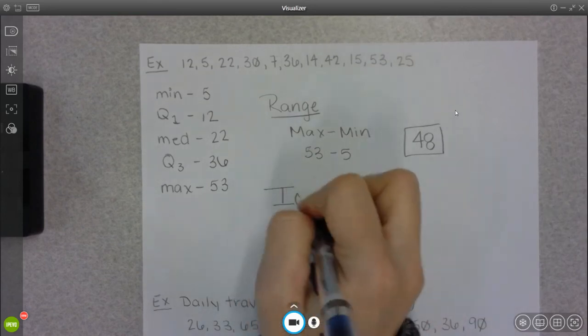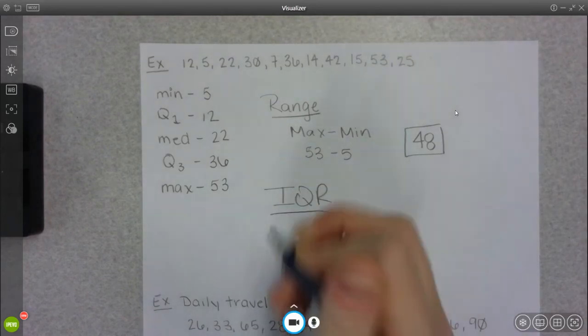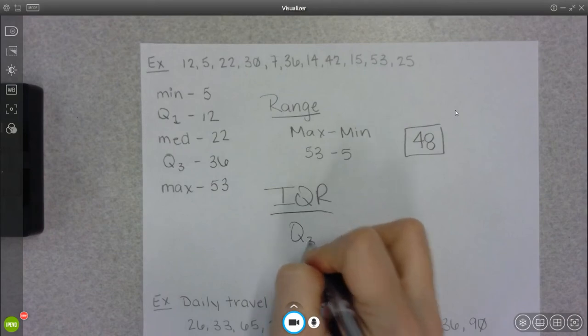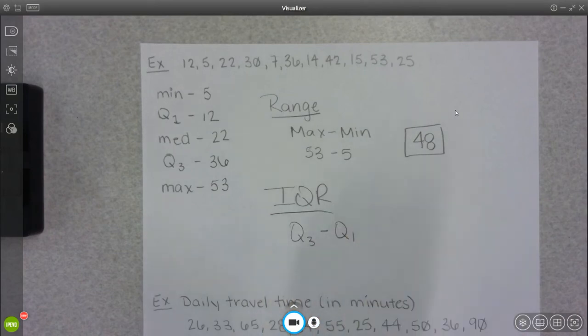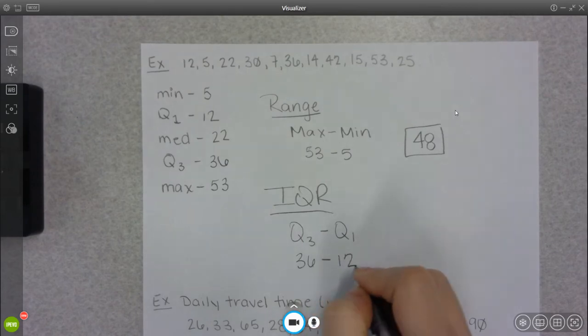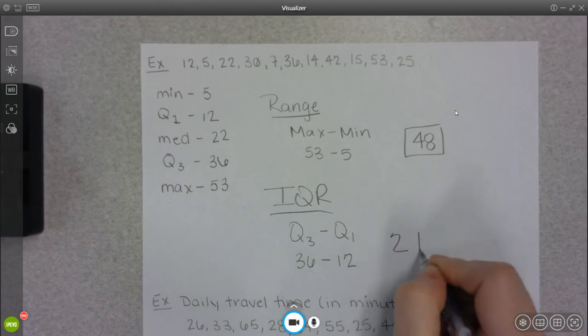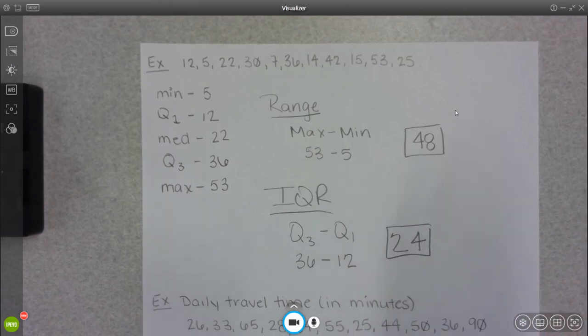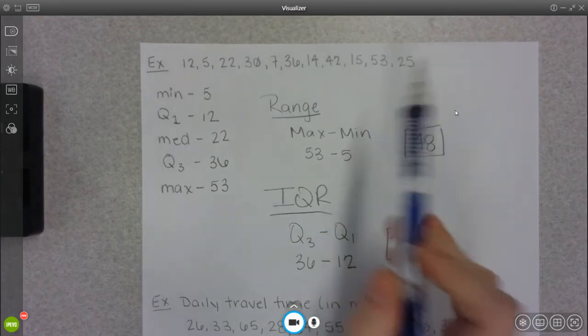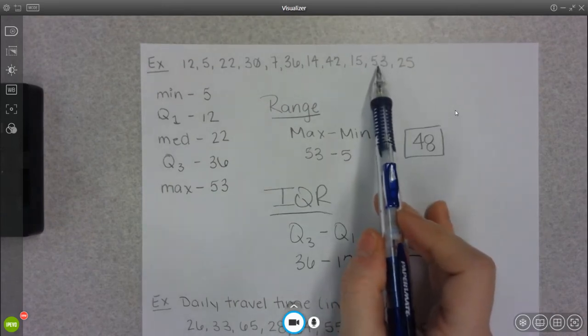If they asked for the interquartile range, that means I need to do Q3 minus Q1, which would be 36 minus 12, which gives me a value of 24. So this goes back to my original data set. I still have 53 in my data set.